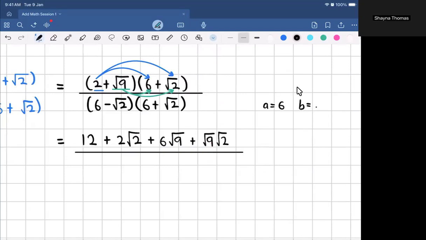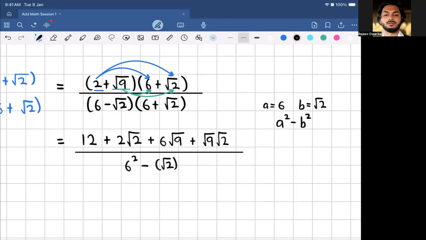B is root 2. So A is 6. And now we're going to do A squared minus B squared. So in the bottom, you're going to write 6 squared for A squared minus root 2 squared for B squared. Let me know if that's confusing.